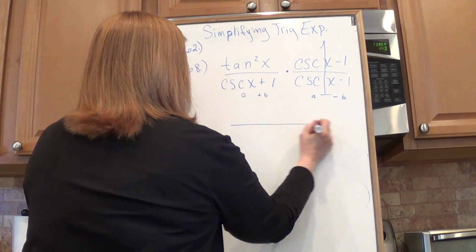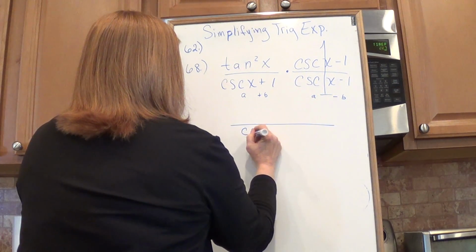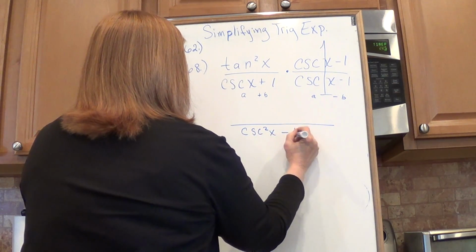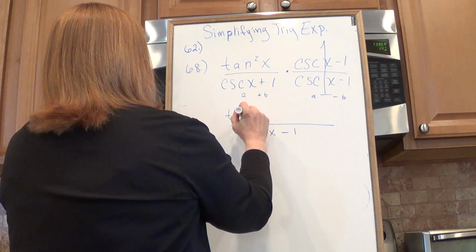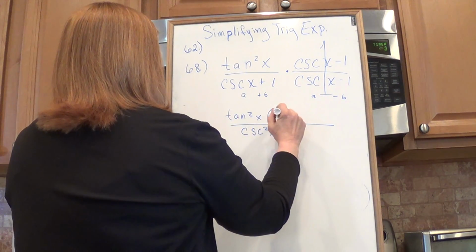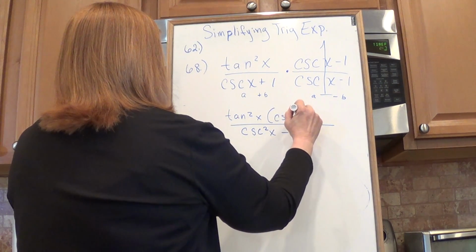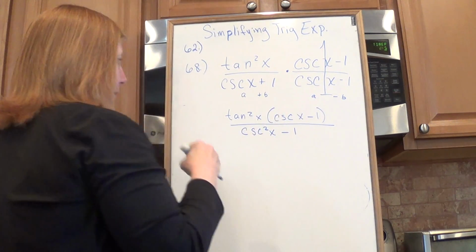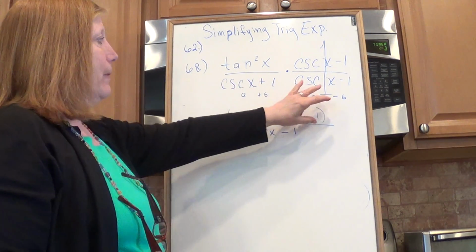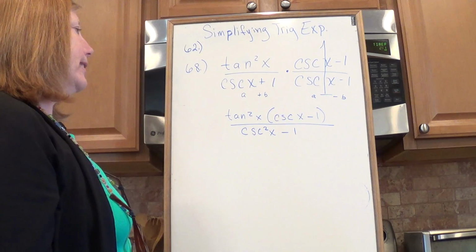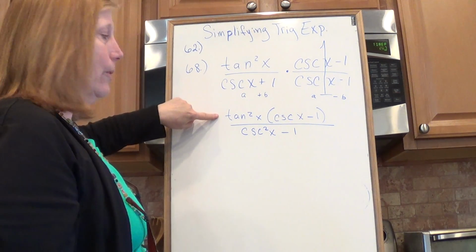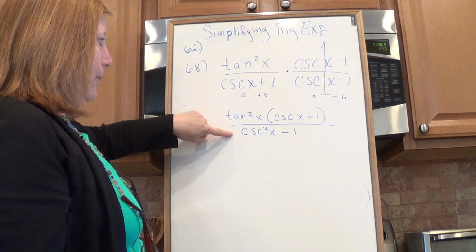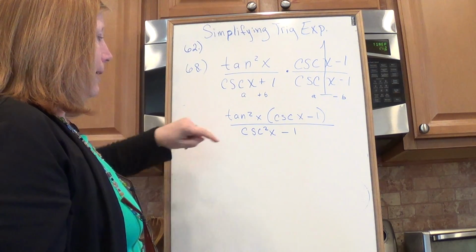So when we combine those together, we get cosecant squared x minus 1, which looks better. Tangent squared, I'm going to leave it like that, because I can't initially come up with anything right now that is obviously simplifiable in the numerator. So I'm just going to put that on hold.